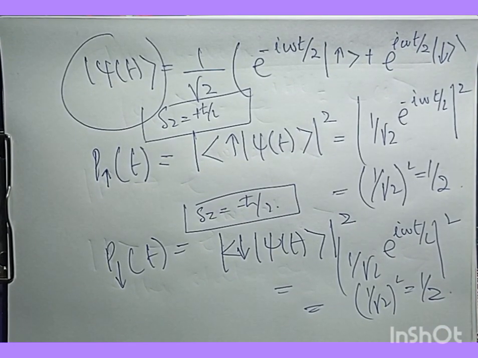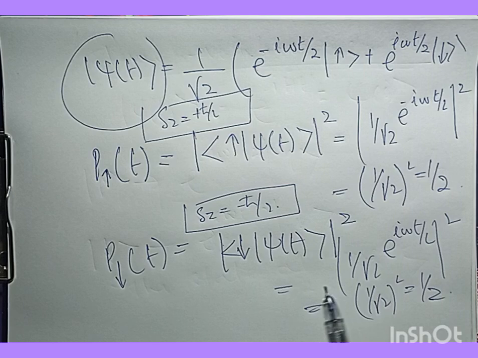So what do we conclude from here? The probabilities of measuring spin up and spin down along the z-axis are always equal to 1 by 2, independent of time. There is no dependence on time. But at the same time, if we measure along the x-axis, the probabilities would oscillate.